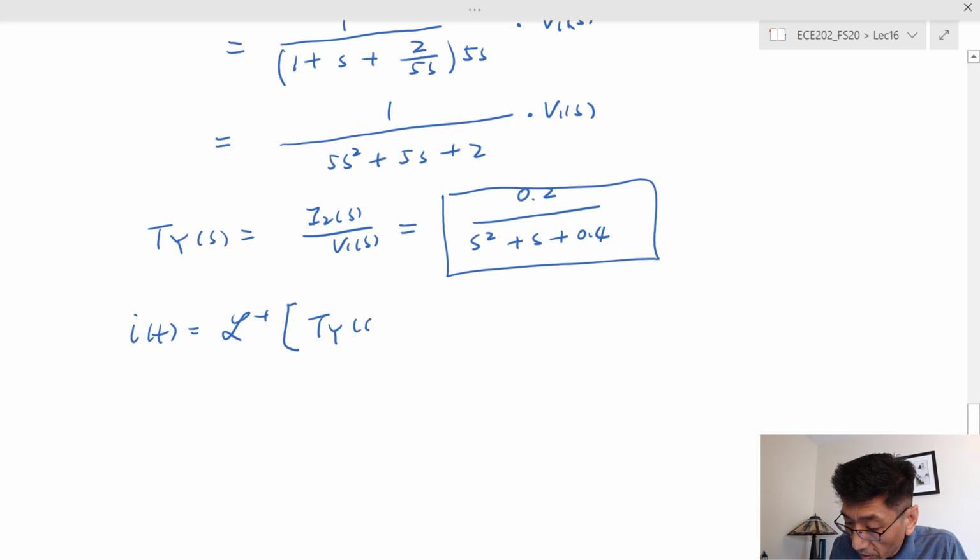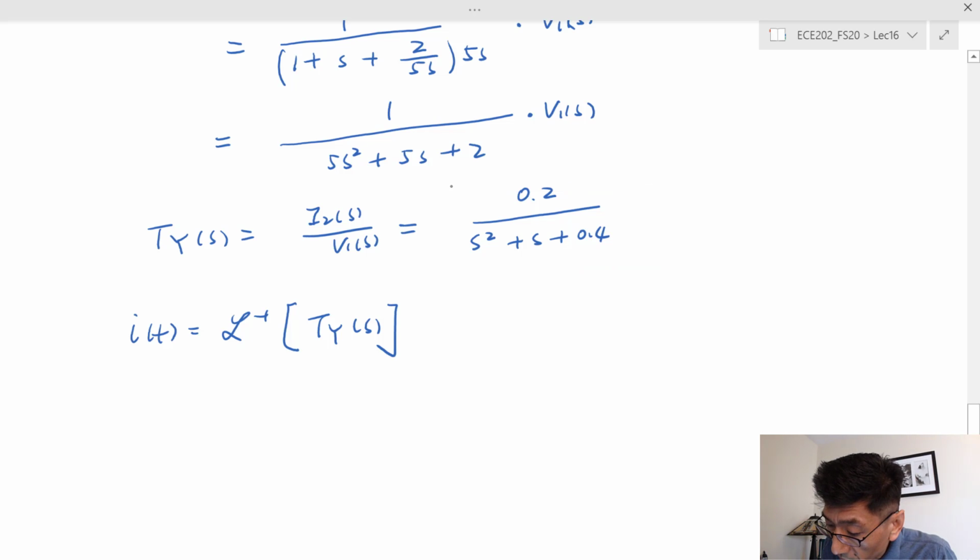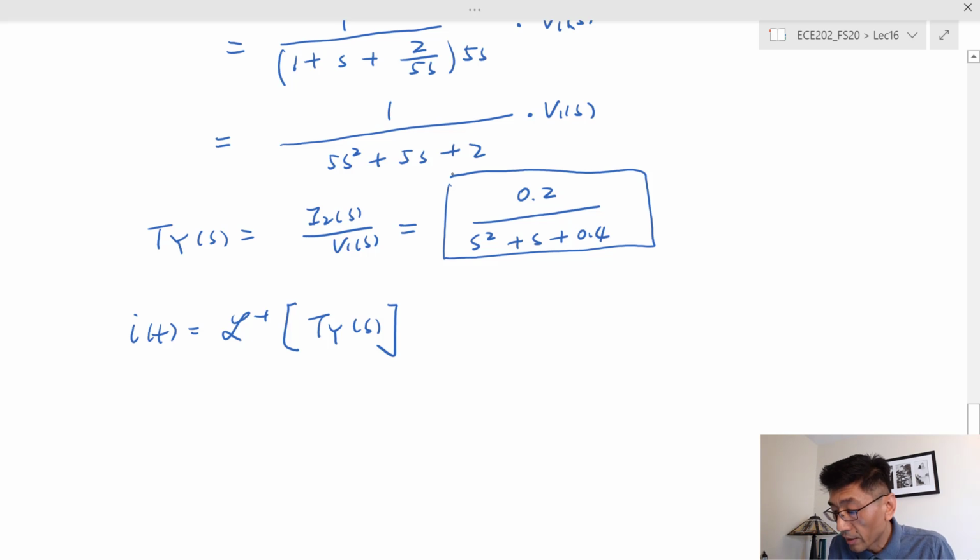In this case, the Ty is second order, right? Let's see, this looks like it has complex poles, right? So in this case, we only have one term. We can change the form so that we can use the Laplace transform pairs.